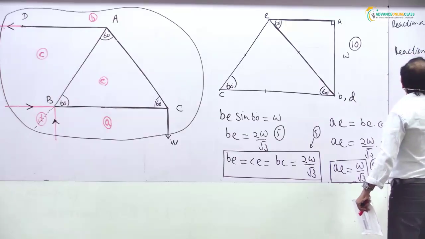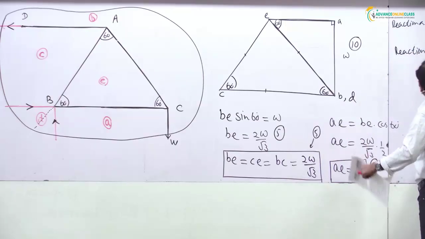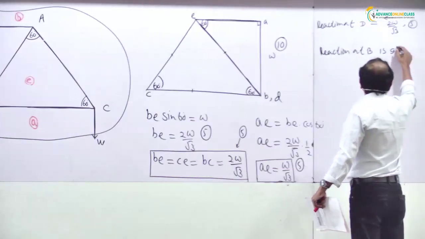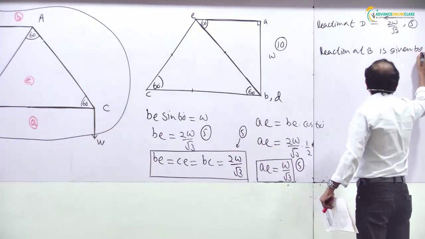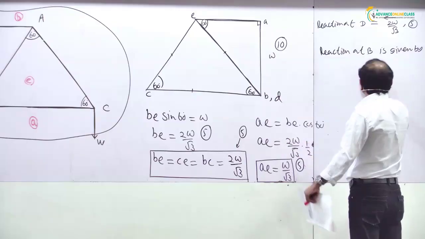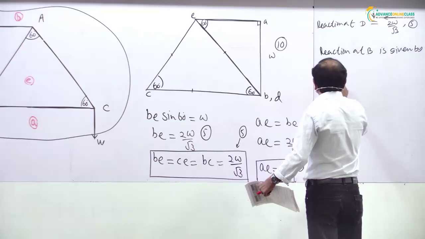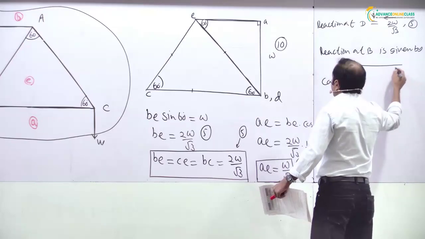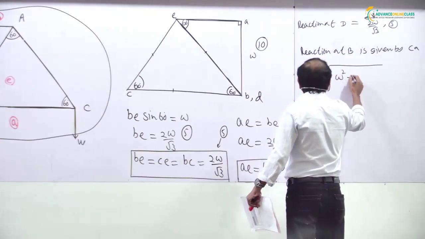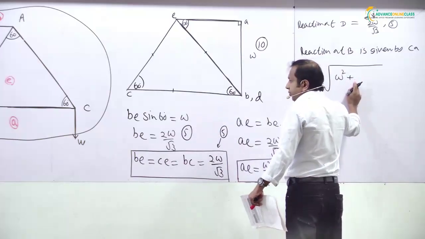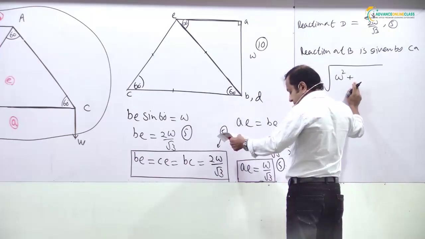The reaction at B is given by CA, right? Then CA we can write as square root of W square plus CB, 2W over root 3, perfect square.